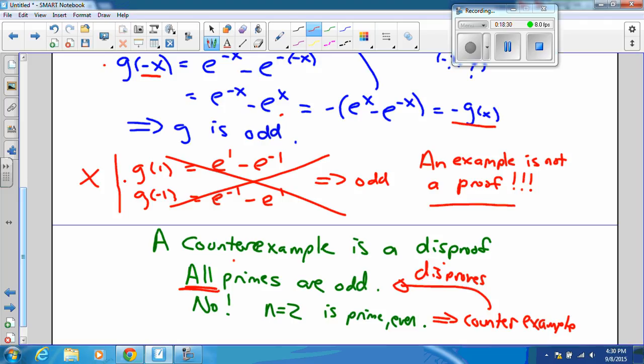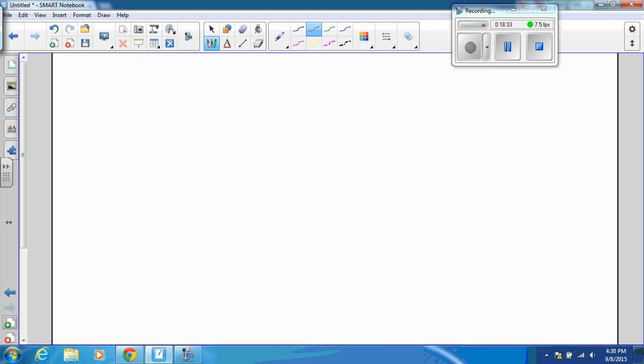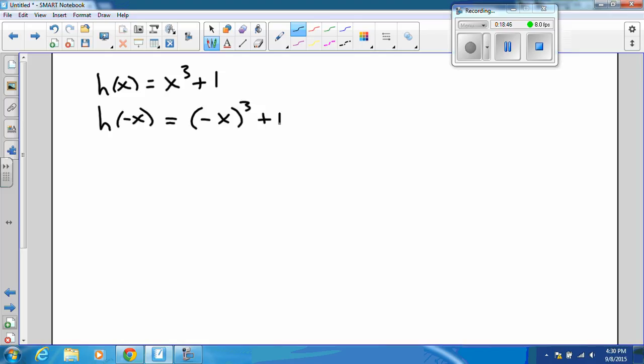Let's consider the next function. We have h of x equals x cubed plus 1. So we're going to appeal to the negative x test here. And when we do, then we get negative x quantity cubed plus 1, which simplifies to the opposite of x cubed plus 1. Is this equal to h of x? No, it's not. Is it equal to the opposite of h of x?